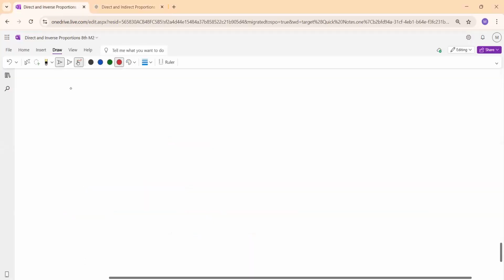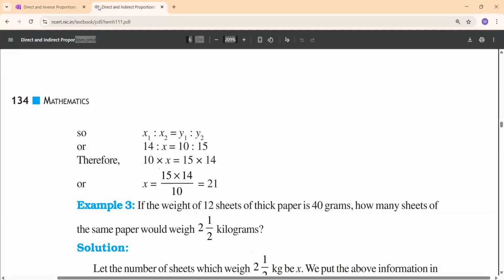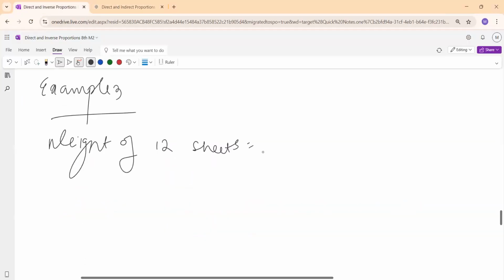So example 3, weight of 12 sheets is equal to 40 grams.